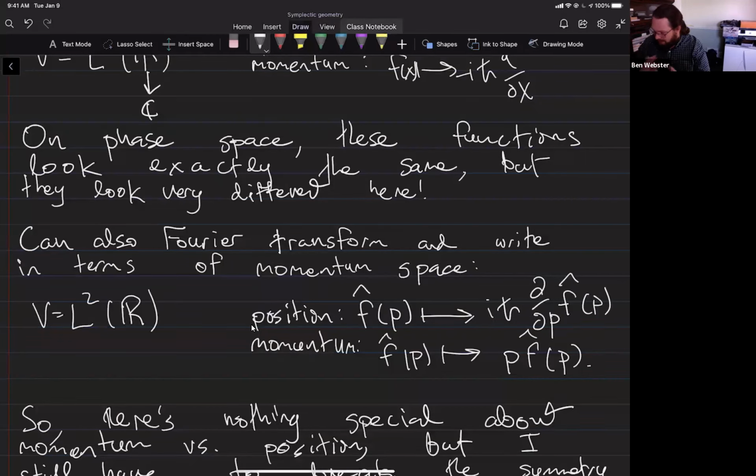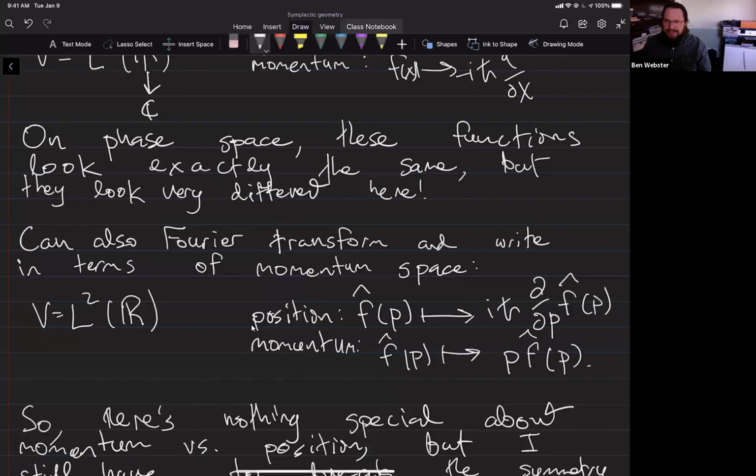Note I lost a minus sign there, not a huge deal. So somehow quantum mechanics also sees that there's nothing really different between position and momentum; the underlying mechanics does treat them the same. But writing things out, writing the Hilbert space, somehow seems to force you to choose between them.